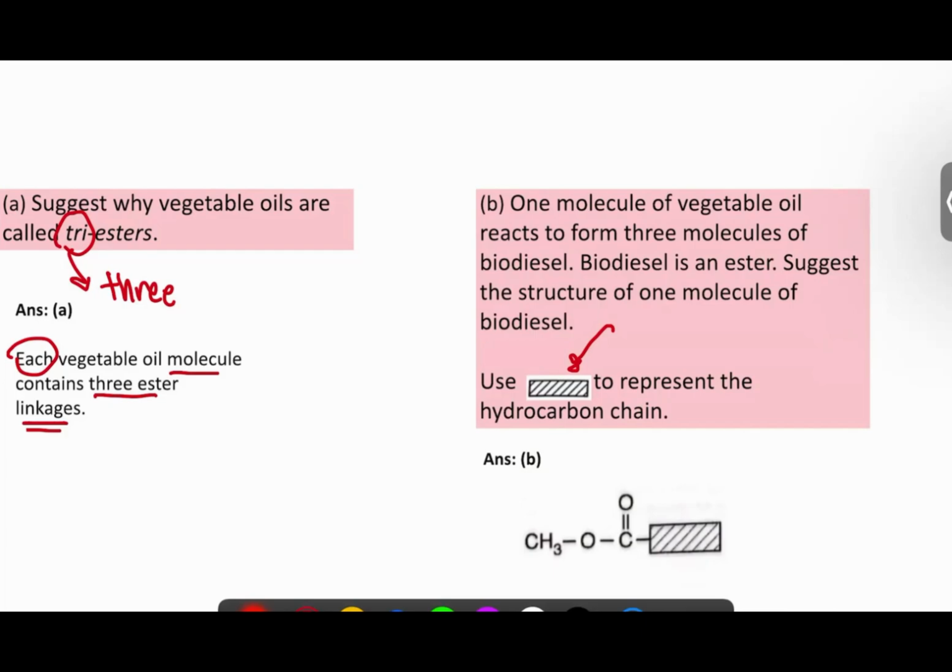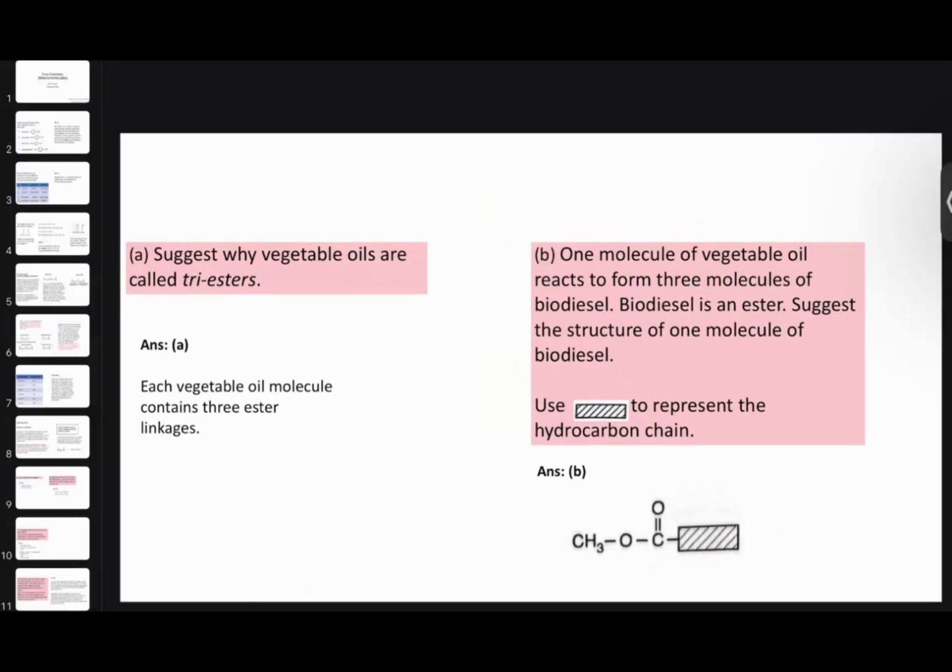So why does it look like that? Because previously, all 3 of them are linked up together. After the reaction, they will actually separate. After separating, this part is one of the biodiesel molecules. So that's all for today.